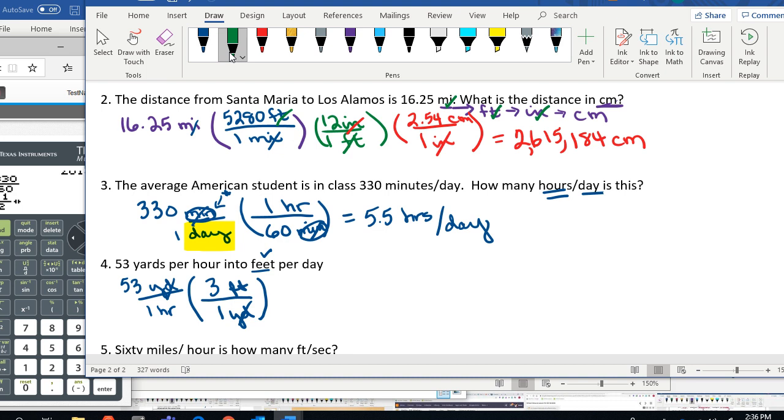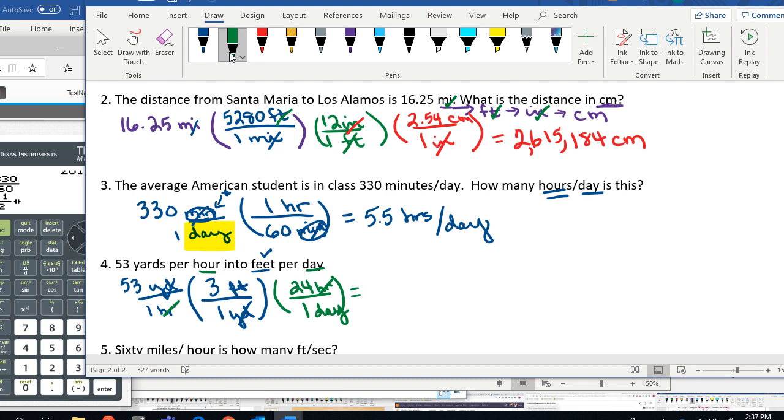The next thing it says per day instead of per hour. So how many hours in a day? 24 hours in one day. Now, if you were thinking one day on top, 24 hours on the bottom, we would not have hours and hours to cancel. So we don't want that to happen.